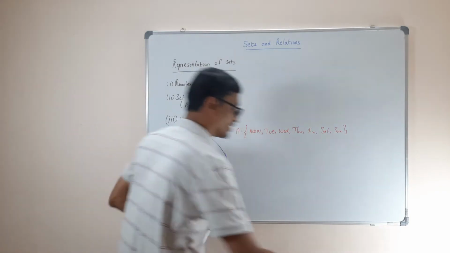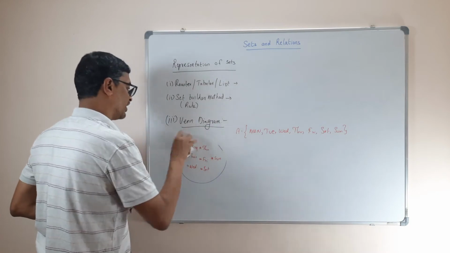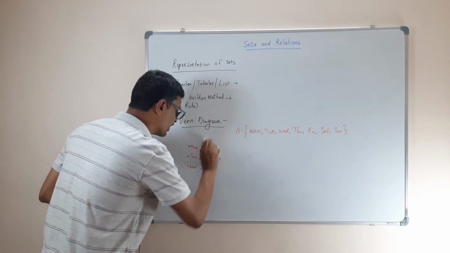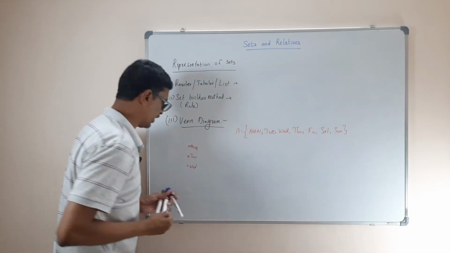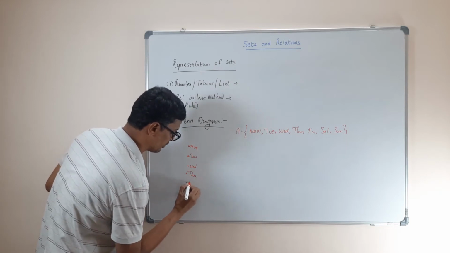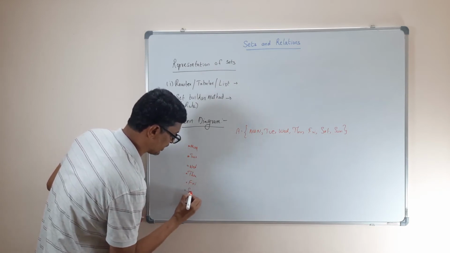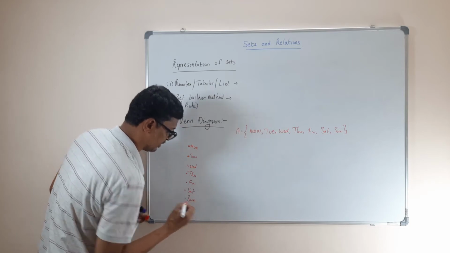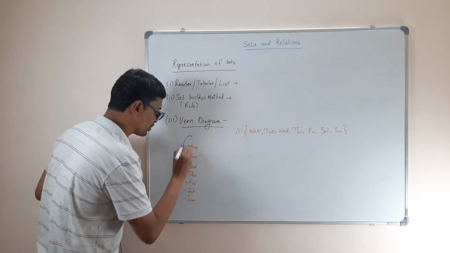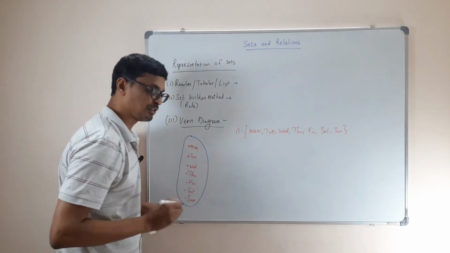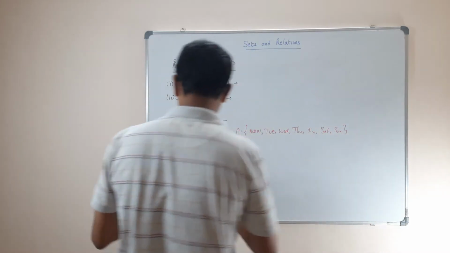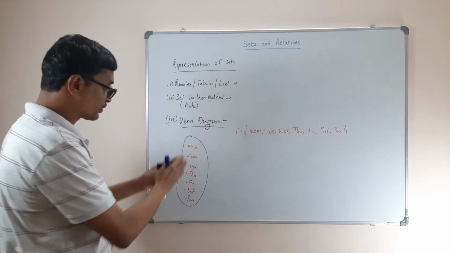I can write it as an elongated circle, an oval kind of shape. I'm going to write it like this: Monday, Tuesday, Wednesday, Thursday, Friday, Saturday, Sunday. This is how I want to represent it. You put the elements into an oval or whatever shape, and when you represent it this way, that's called a Venn diagram.